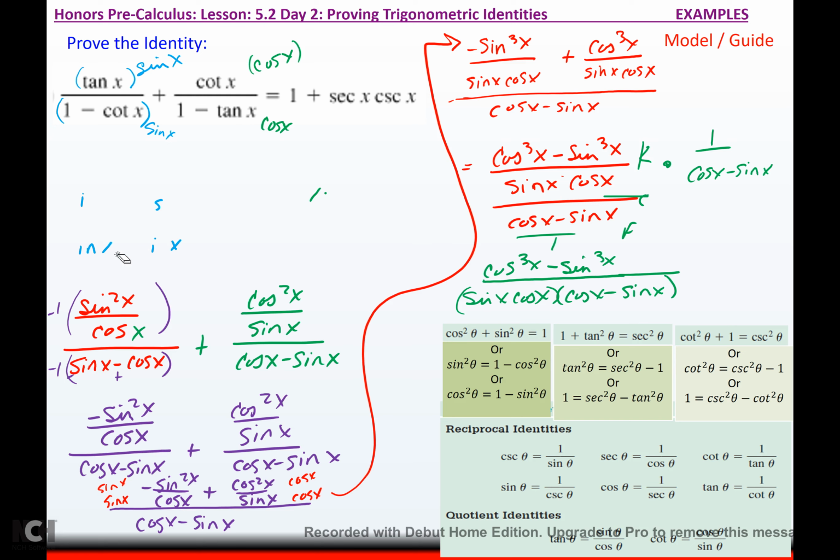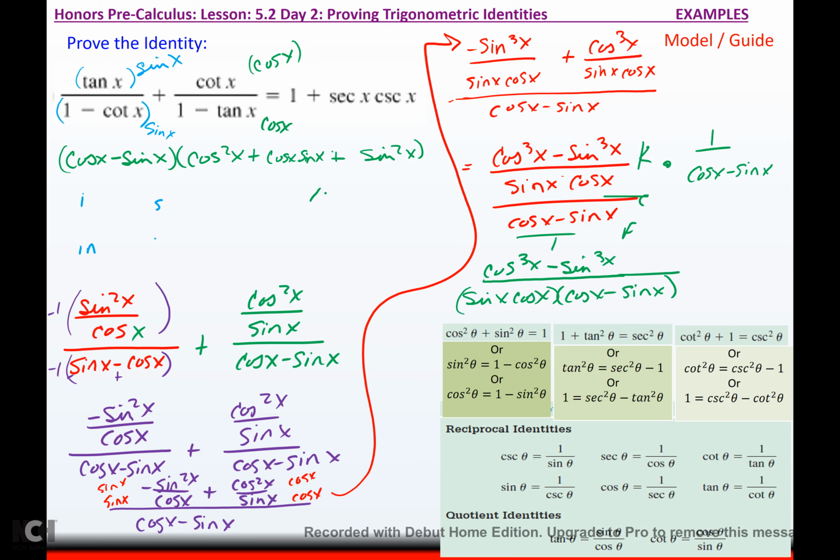Alright, so if I factor the top, that's going to be cosine x minus sine x. And then you square them, so this will be cosine squared x, and this will be sine squared x. And the two signs are plus plus, because it goes minus plus plus, and then you multiply them together in the middle, which gives you cosine x times sine x.